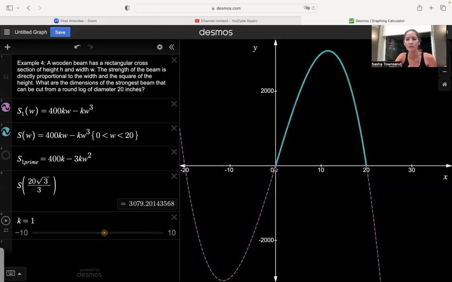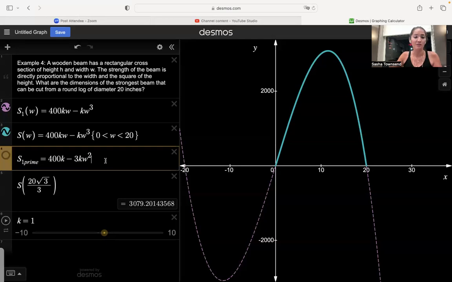We know our W can't be 0 because then we wouldn't have a beam, and it can't be 20 because then the width would be the diameter and we wouldn't have any height. So our W is between 0 and 20. This is our feasible domain, and we're trying to maximize this function. I think we can all see it's going to be at the top there. That's when we'll have a derivative value equal to 0.